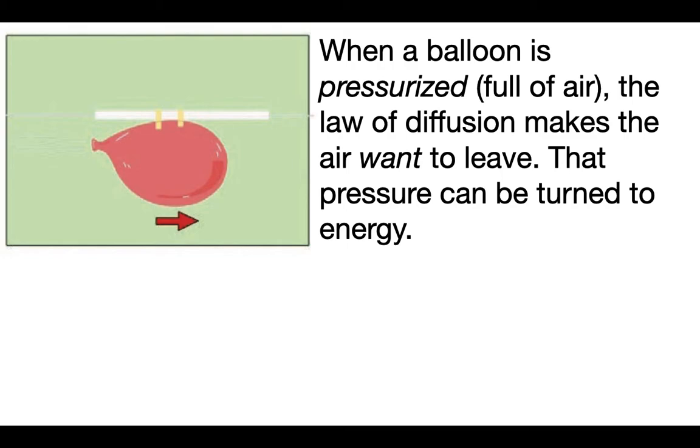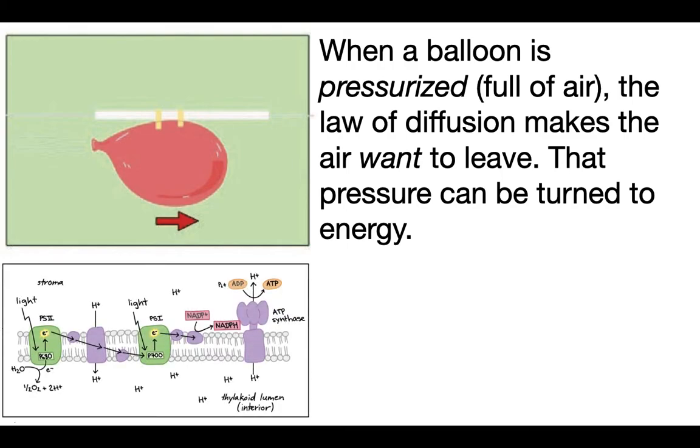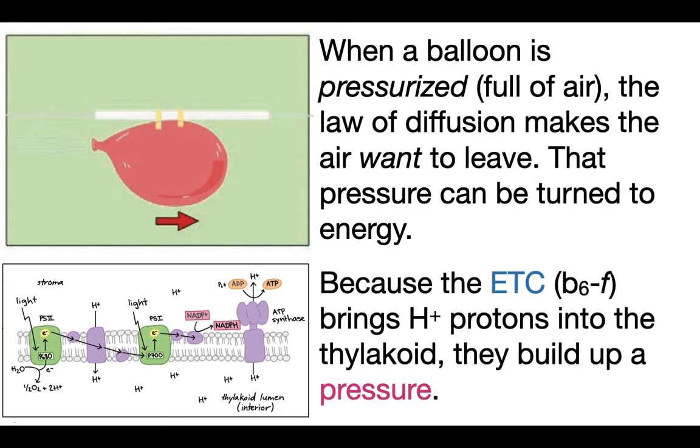Well, we have a similar process happening inside this thylakoid, because the electron transport chain, the B6F group, the first purple blob in the drawing at the bottom, is bringing H plus protons, hydrogen ions, into the thylakoid, and when it pumps them in there, it builds up a pressure, just like the pressure inside the balloon.